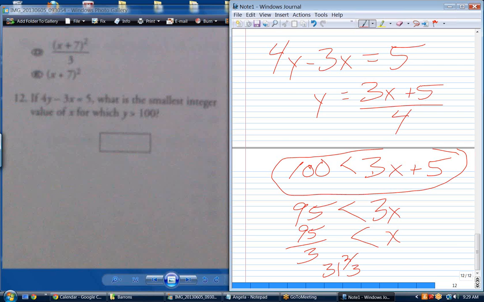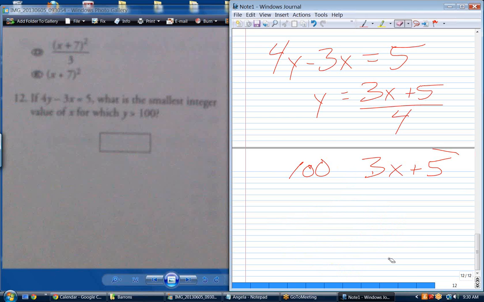However, I like the first way I did it better because it's not that clear whether this should be greater than or less than. It would be easy to make this mistake. So let's make it equal to.